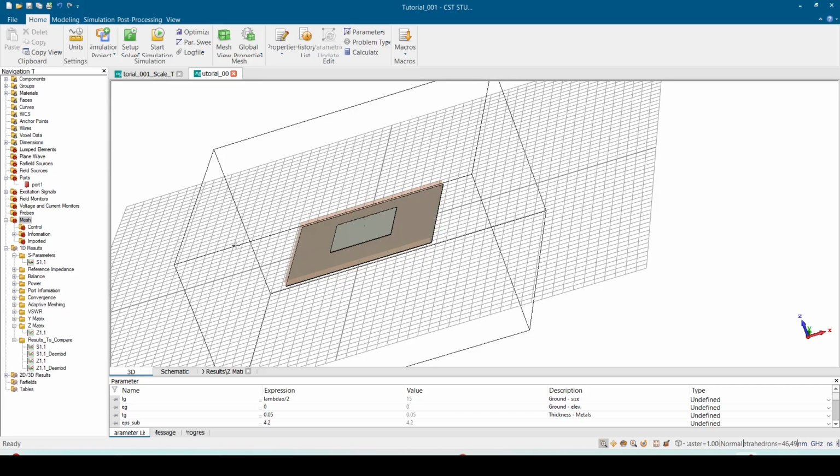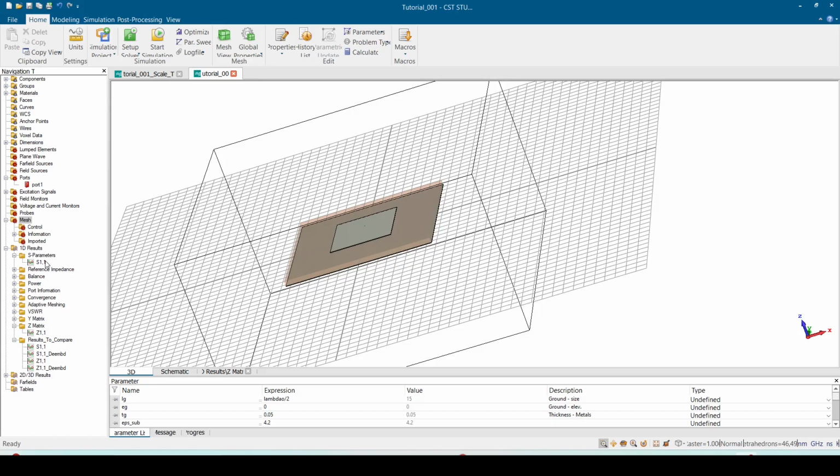So I will give some hints on what we can take care of, which parameters we should focus on, and what we should expect if we are going to scale the antenna to a different frequency.